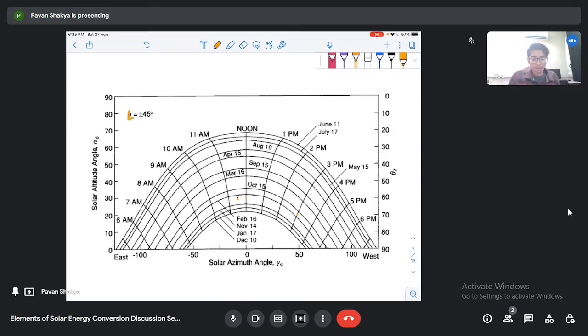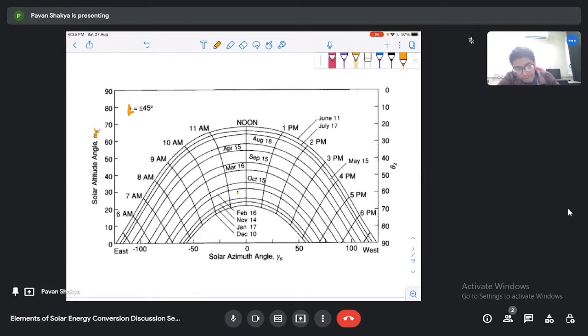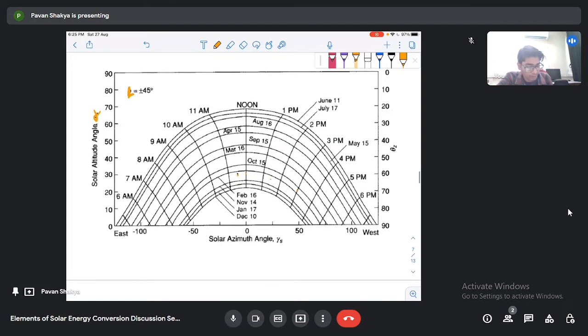Okay, so I have told you that some parameters have been fixed on the sun path diagram, like this sun path diagram is only for this latitude, that is plus minus 45 degree, that is north 45 degree or south 45 degree. Okay, this solar altitude angle, this will be the alpha, and this one is solar azimuth angle, that I have represented as AZ.